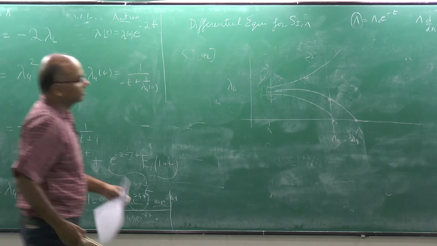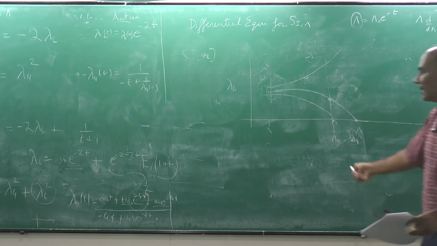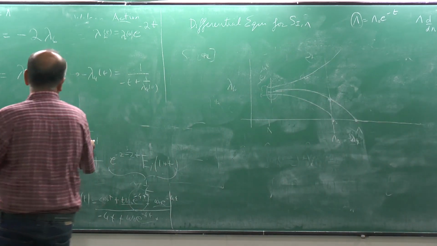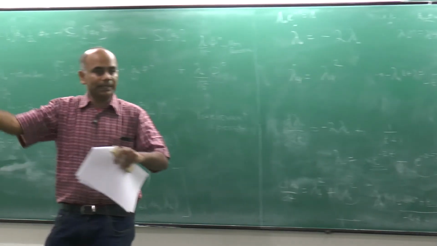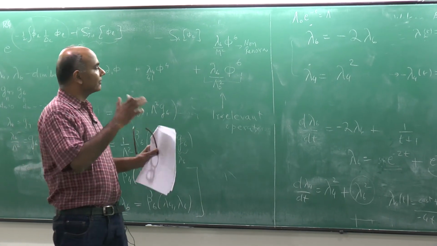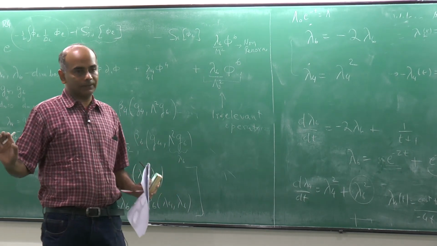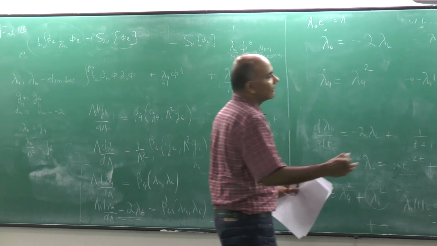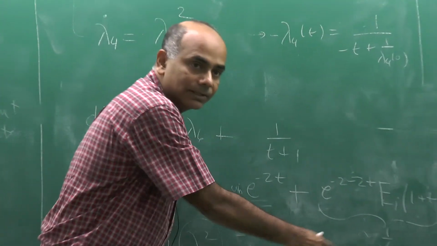Lambda 4 could also diverge, right? Yeah, lambda 4 has an issue. If you expand this in perturbation theory, you saw that it goes as log lambda, but then you can renormalize. So the renormalization of lambda 4 has to be done. The question is, what is the effect of lambda 6 on it? Its effect is that it renormalizes lambda 4, so the precise value of lambda 4 is going to change.